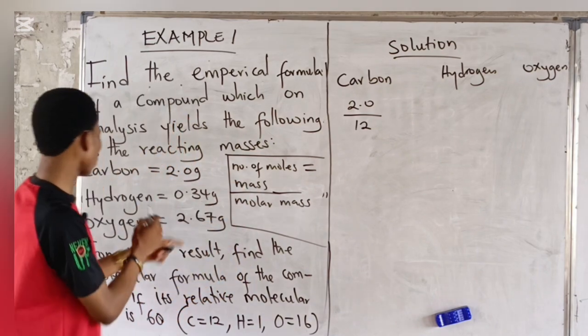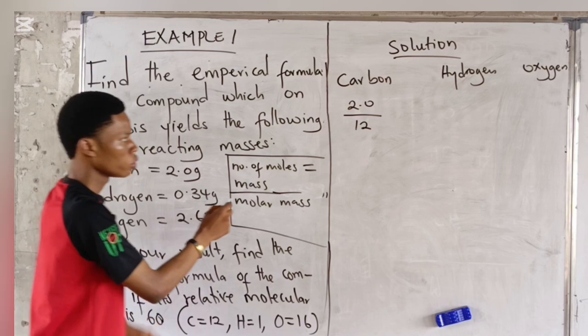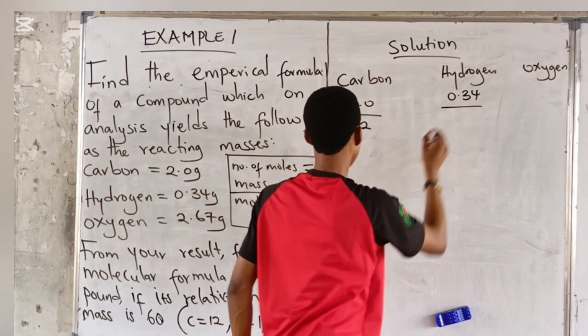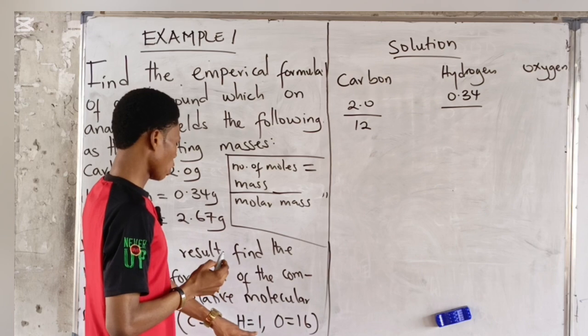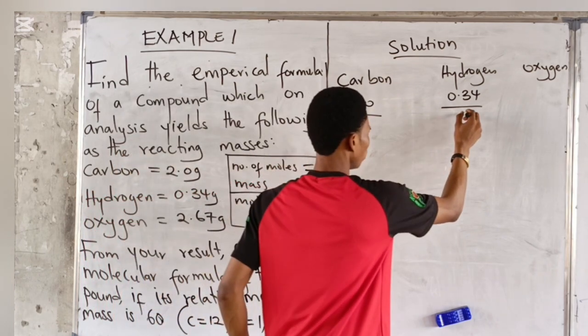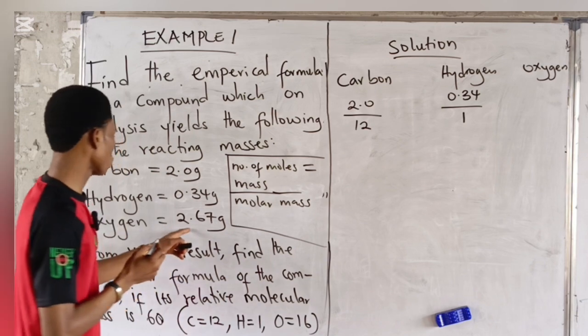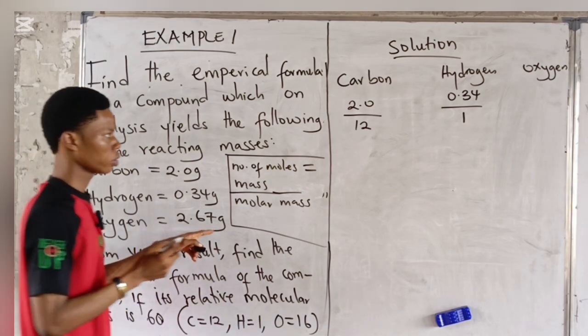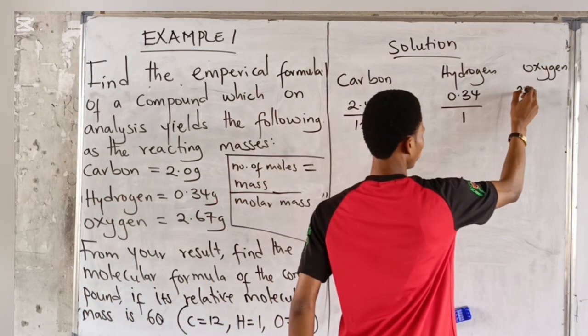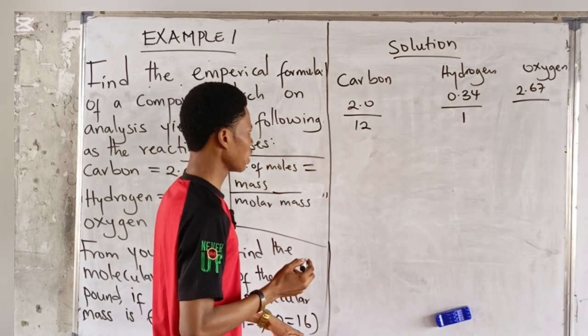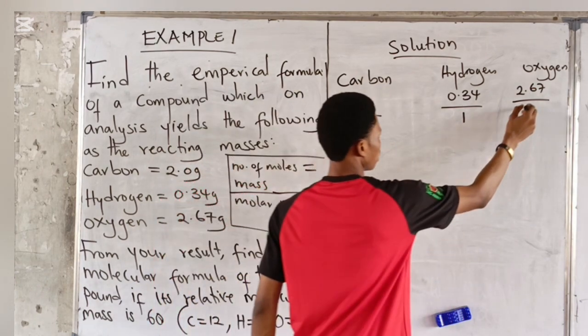We're given the mass of hydrogen as 0.34, so we have 0.34 over 1. Oxygen, we're given the mass of oxygen as 2.67, so 2.67 over the relative atomic mass, 16.